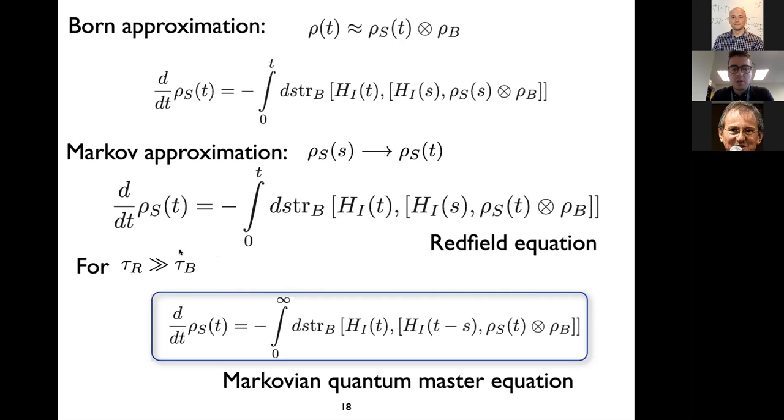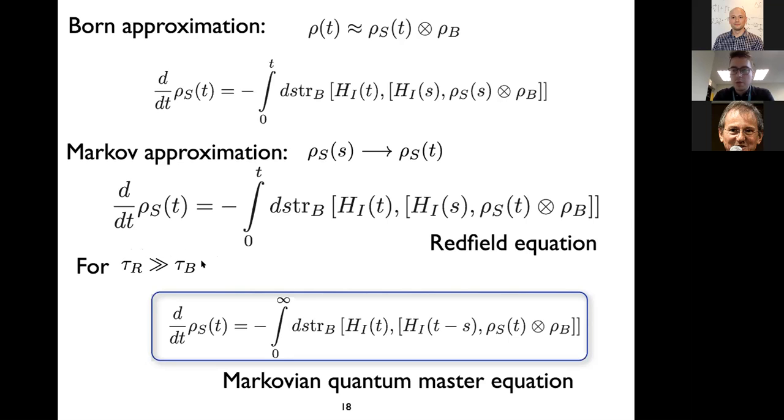As I mentioned, this timescale tau R characterizes the evolution of our system due to its interaction with the environment. This is referred to as the relaxation timescale. In a sense, it tells us how quickly our system decays due to its interaction with the environment.